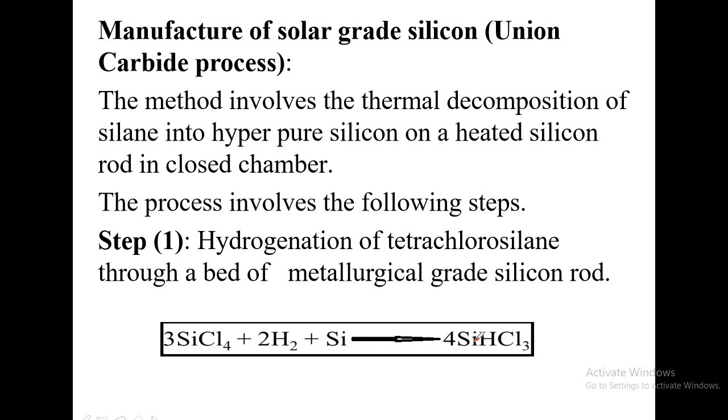So the main thing you need to understand here is what this solar grade silicon is and how it is manufactured by Union Carbide process. Solar grade silicon, its impurity level is comparatively less. When you compare it with the other grades of silicon, especially metallurgical grade silicon available in nature, which contains a high percentage of impurities, such grade silicons cannot be used in the manufacture of PV cells.